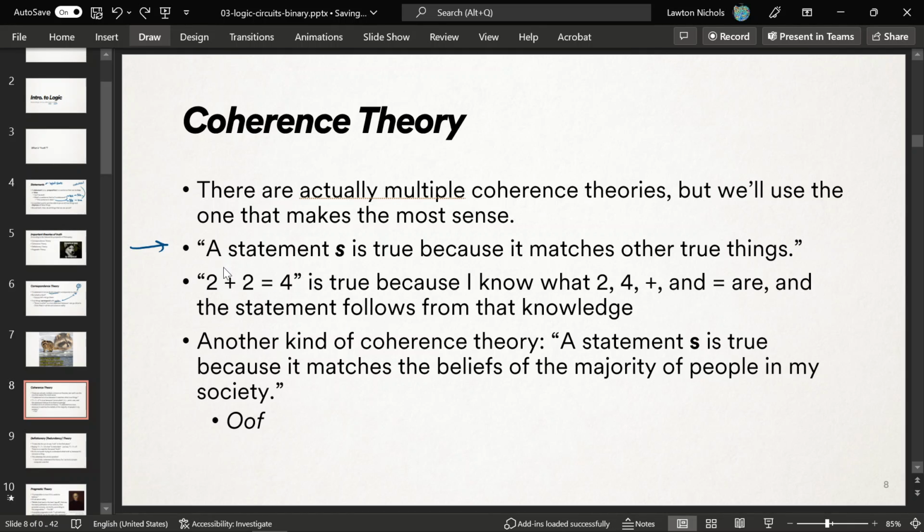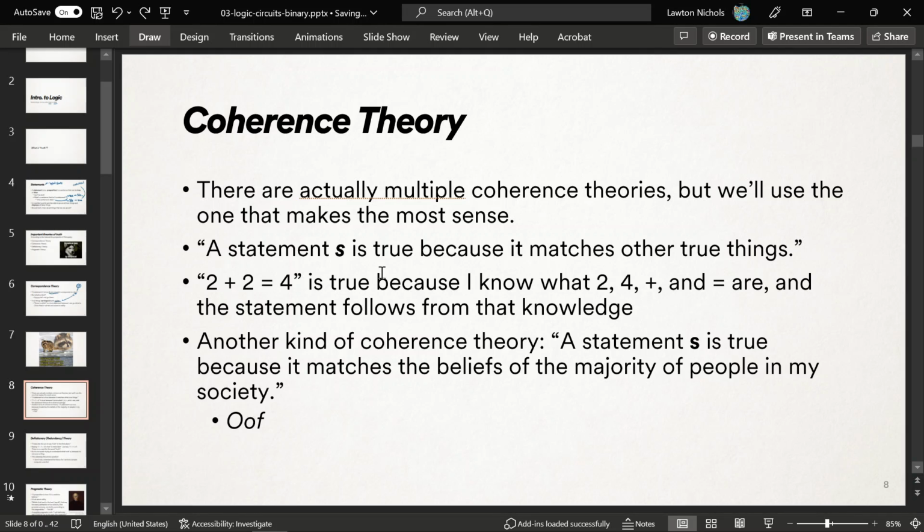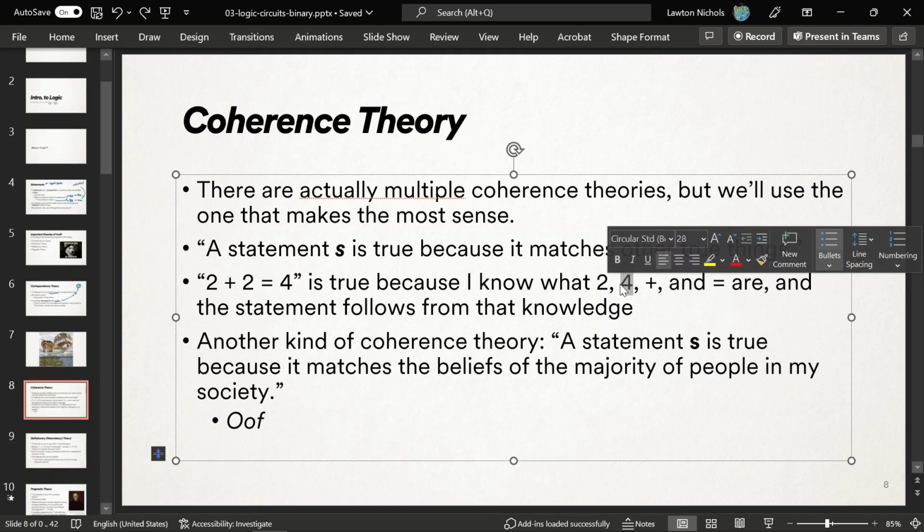And so here is how a coherence theorist would prove that it's true that 2 plus 2 is 4, right? They're going to be like, okay, 2 plus 2 is 4. That's a true statement because I know what it means to be 2. I know what it means to be 4.